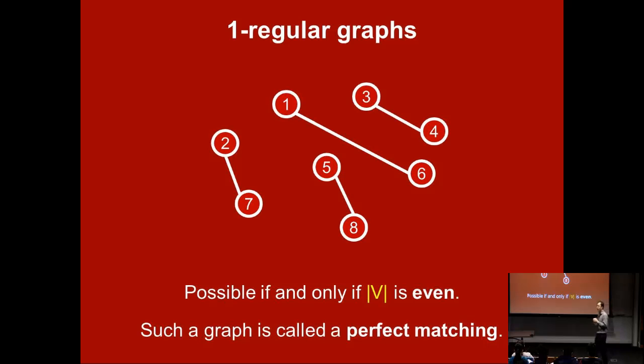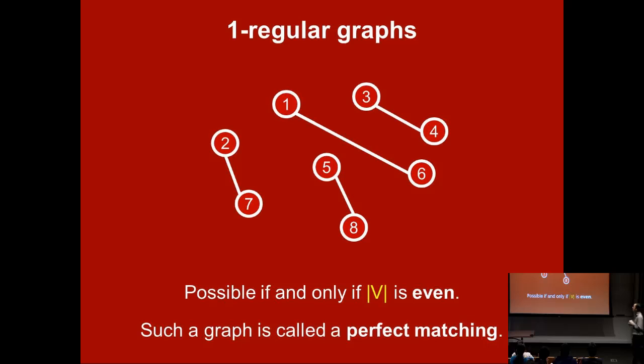Actually, is there a way we could have known in advance, based on something we talked about, that if you have a 1-regular graph, you have to have an even number of vertices? There was a theorem we proved about degrees of graphs, yeah? The theorem was that the sum of the degrees is 2 times the number of edges.